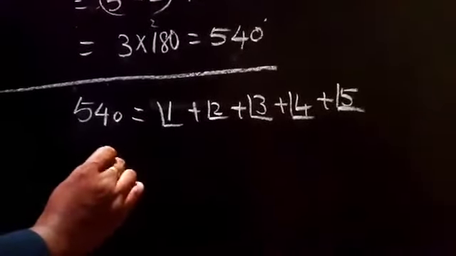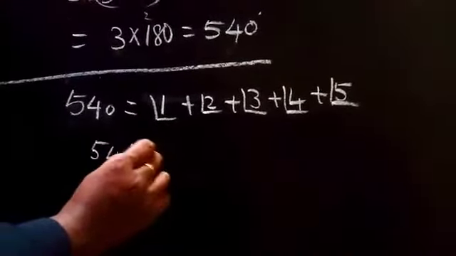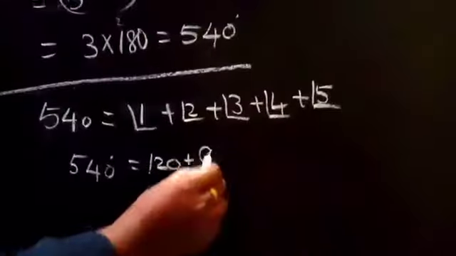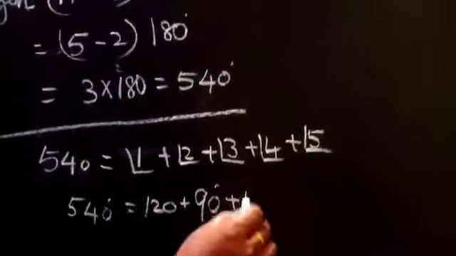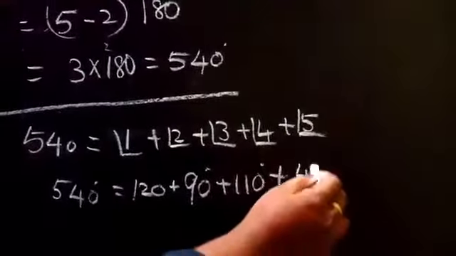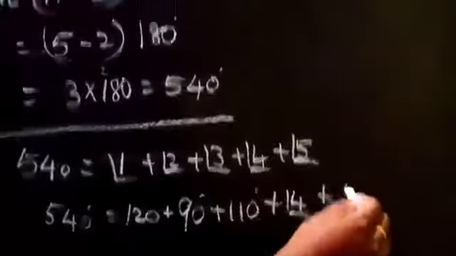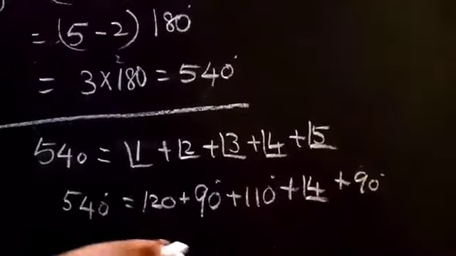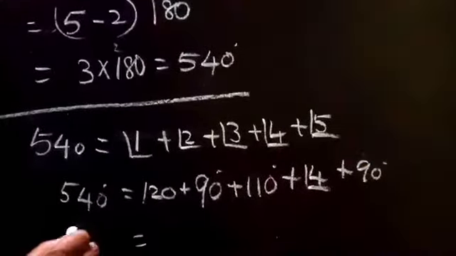So here 540 we will keep on this side. First angle, how much? This is 120. Second angle, how much? It is 90 degrees. Third angle, how much? 110. Fourth angle, how much? We have to find. Fifth angle, how much? It is 90 degrees because the exterior angle also they have given like that. So we will add everything now.